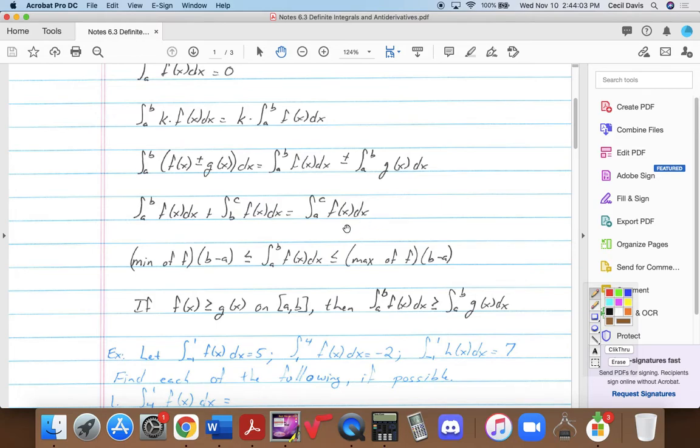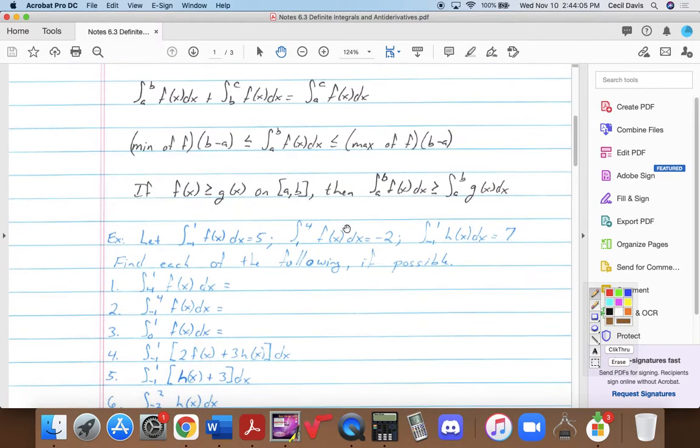Here is an interesting one. The integral from a to b of f of x dx plus the integral from b to c of f of x dx is equal to the integral from a to c of f of x dx. Everybody is happy with this as long as a is smaller than b, which is smaller than c. I'll show you just a quick sketch of that, and then I'll show you how it doesn't have to be that way.